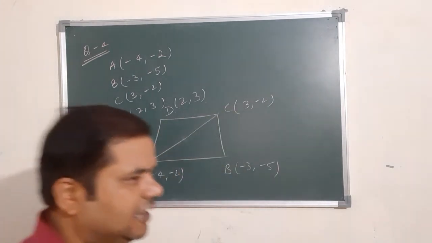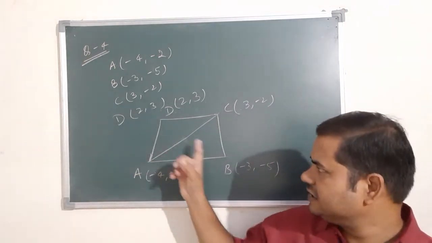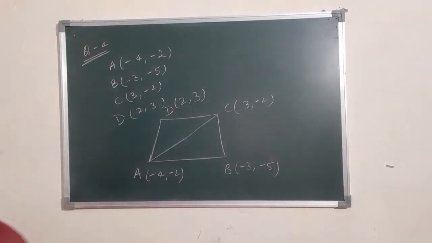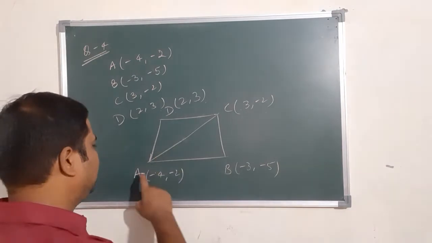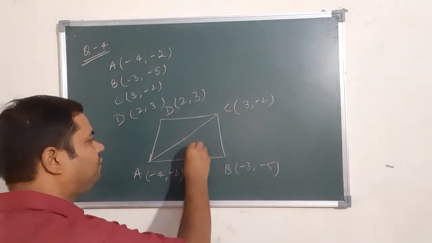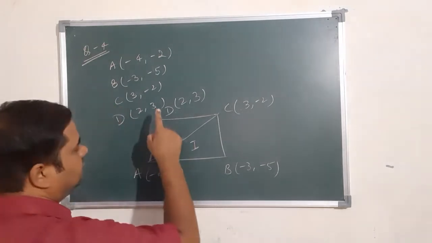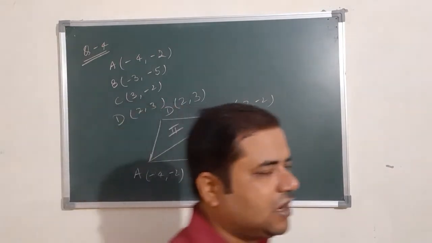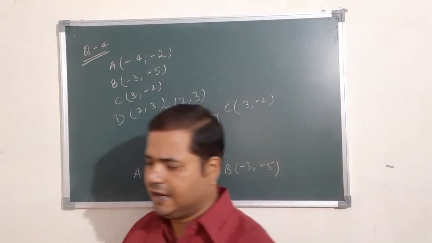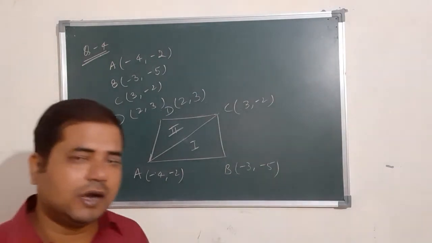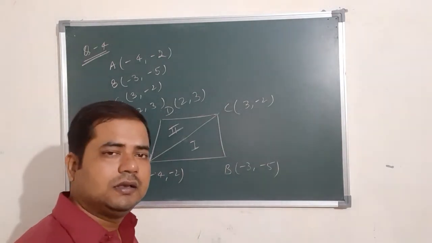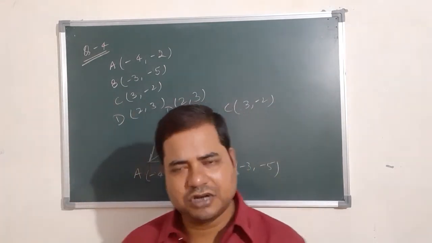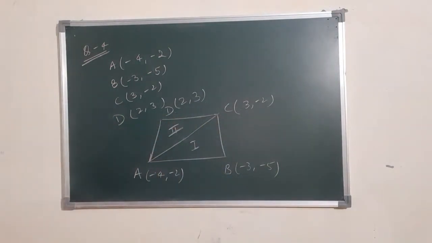Suppose AC is the diagonal, and this diagonal divides the quadrilateral into 2 triangles. Triangle ABC is the first triangle and triangle ADC is the second triangle, and the area of the quadrilateral is nothing but the area of the first triangle plus the area of the second triangle. Okay, so please try to solve it.